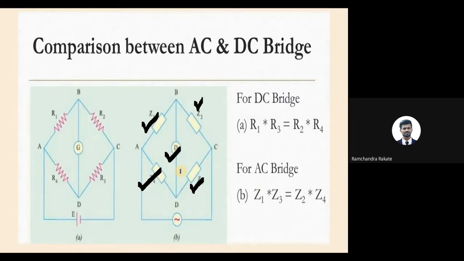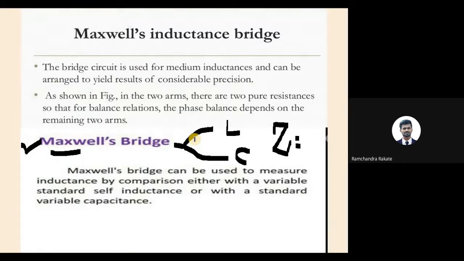By varying certain parameters, we get a null deflection, and through this we can proceed to an accurate result. This is the aim of any bridge. From this we derive the balance equation of the circuit to determine the unknown, whether it is resistance, capacitance, or inductance.